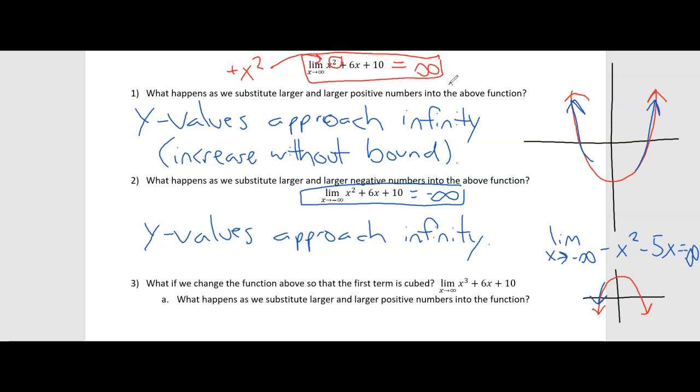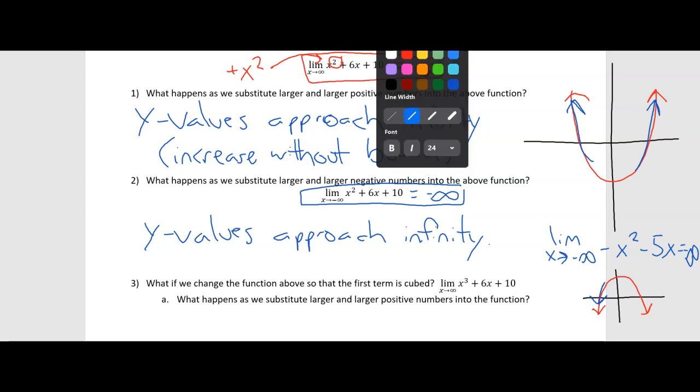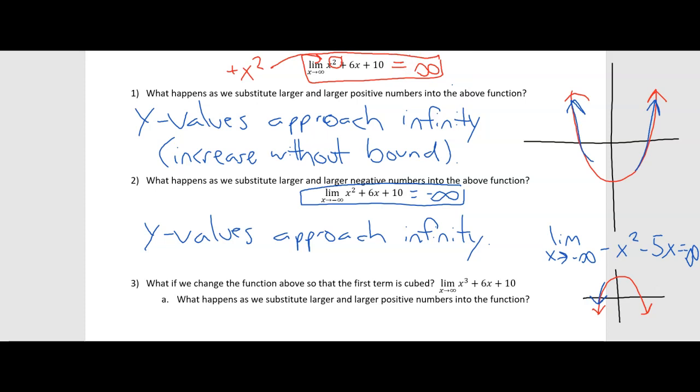But we don't have to graph this to do it, right? If we look at this first term, the sign is negative. So if I substitute in positive numbers, I square the positive number, it's going to be positive, but then I have to multiply it by -1, so it's always going to be negative.